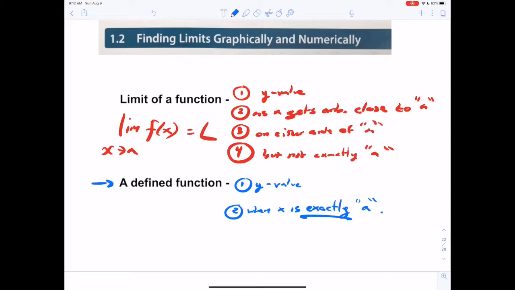So a defined function is the y value when x is exactly at that moment. You're not studying the behavior. You're not getting super close, right? You just care about what happens at that moment. And it'll look like this, like f of a equals some number. Okay? And I'll show you.